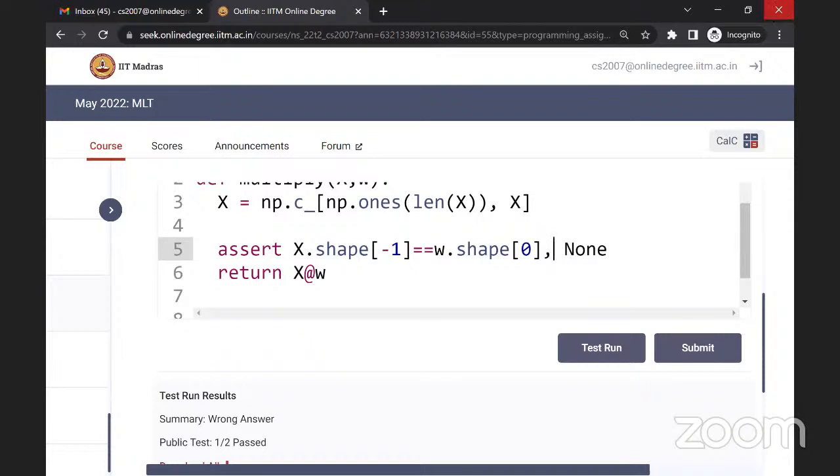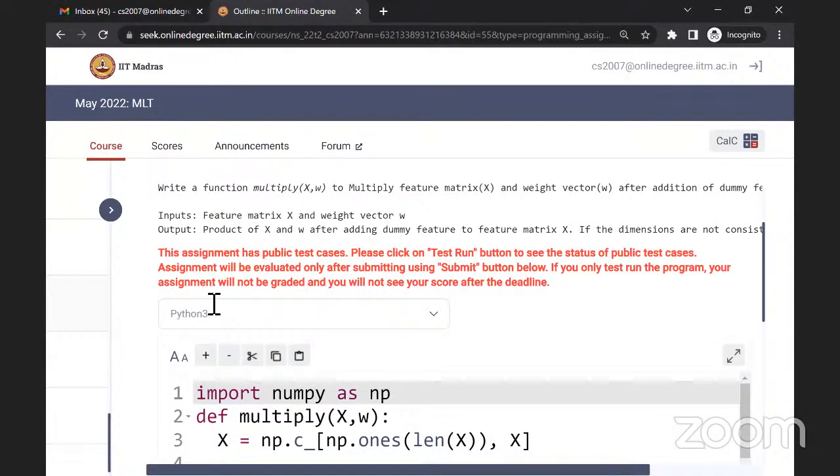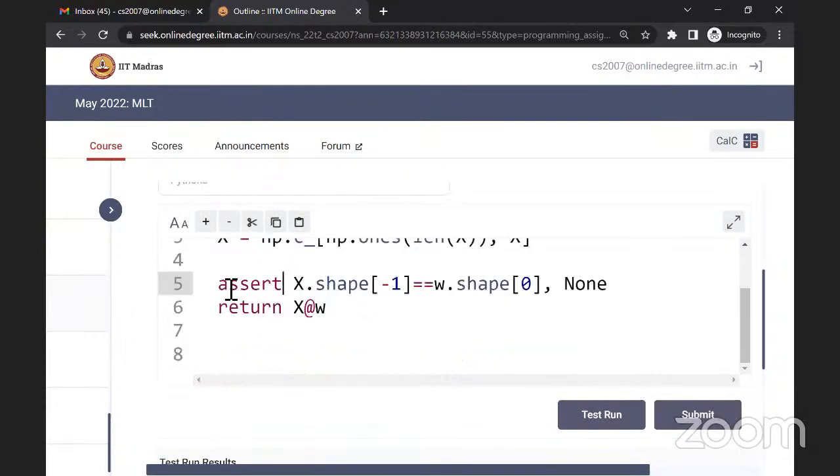So assert is basically used to make sure that you don't have to write a lot of if-else code, and before running any method, or even in the code, you want to make sure that certain conditions hold true. You can write assert. So whenever you see an assertion error, you can be very confident that there is something wrong with the input being received by the code or the procedure, instead of looking inside the code.